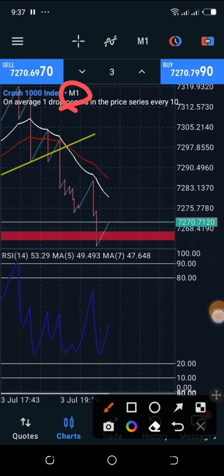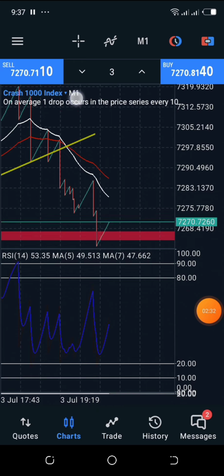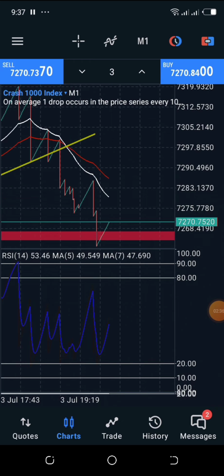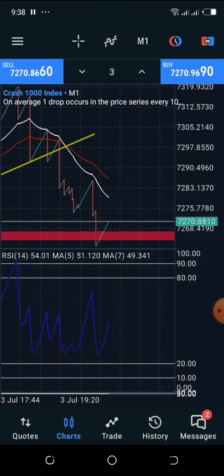And then secondly, it is Crash 1000 that I'm using, for example. I will advise you also to stick to Crash 1000, because what is important in the market is that you make money, not the number of trades that you make in a day. Maybe you trade Crash 1000, Crash 500, Crash 300, Boom 300, Boom 500.